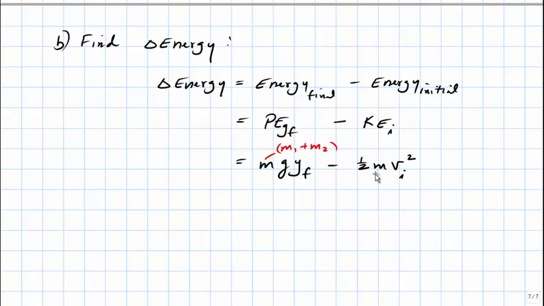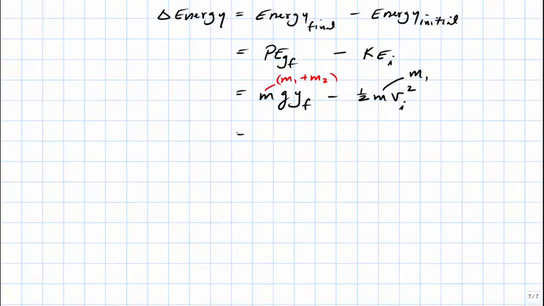Now, it's important to note that only the bullet has velocity at the beginning of the problem. Therefore, it is the only object that has kinetic energy. And this m, therefore, refers to the bullet, which is just m1. So the equation becomes m1 plus m2 g times y final minus 1/2 m1, and the bullet's initial velocity was noted as v1 initial.